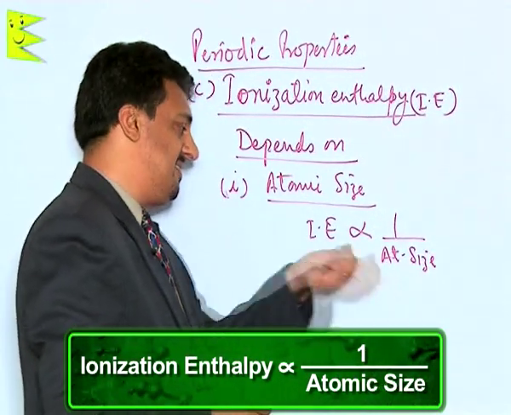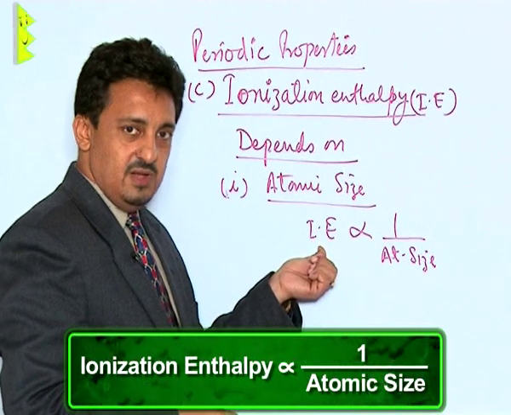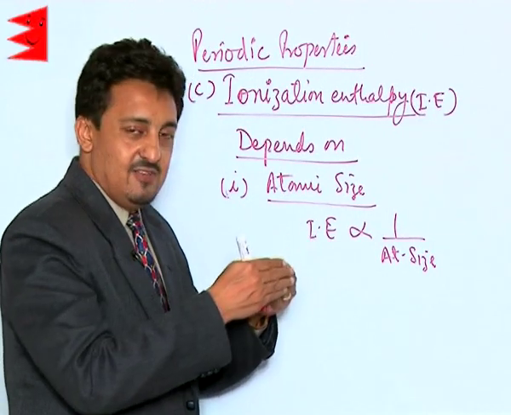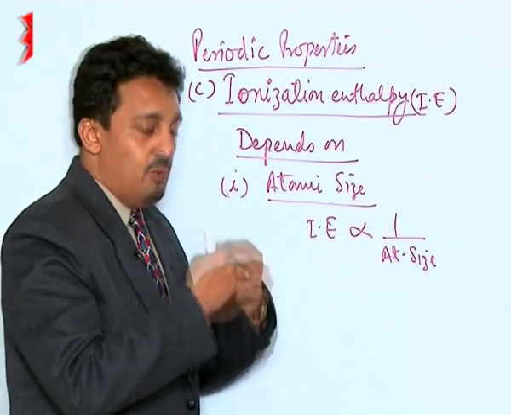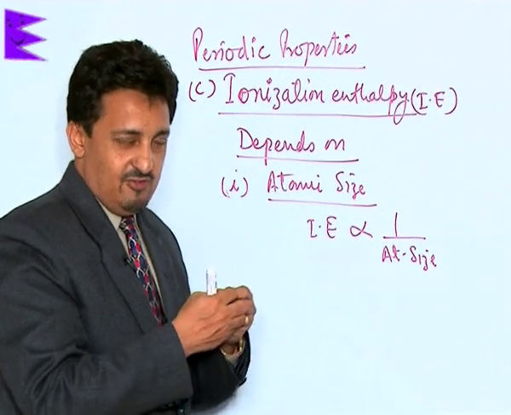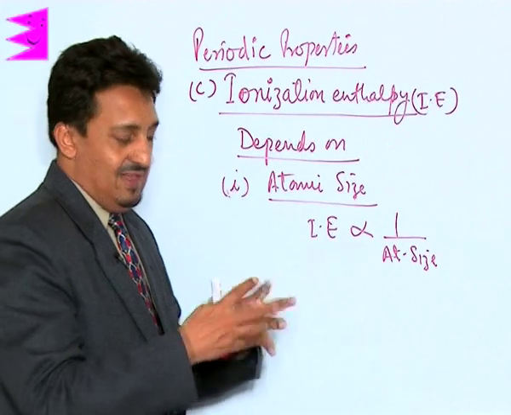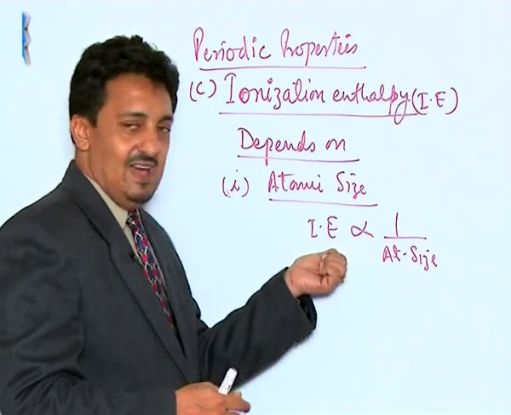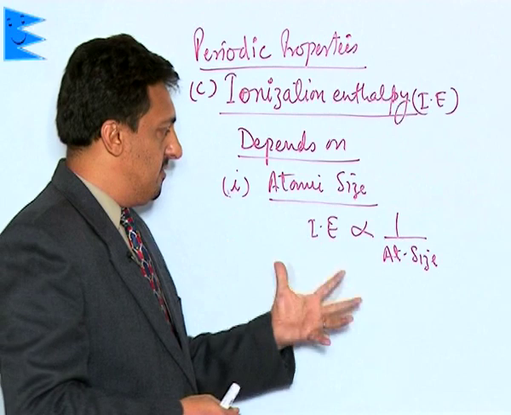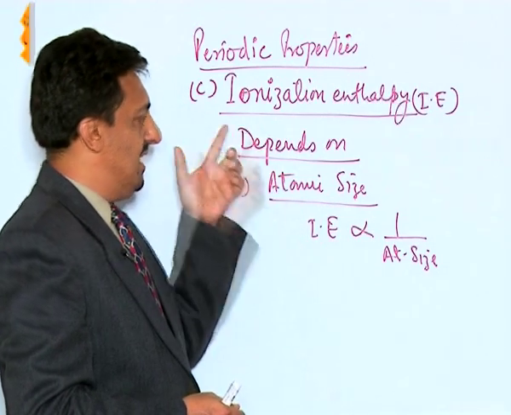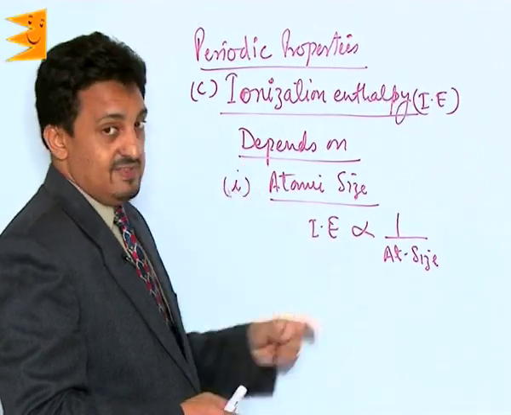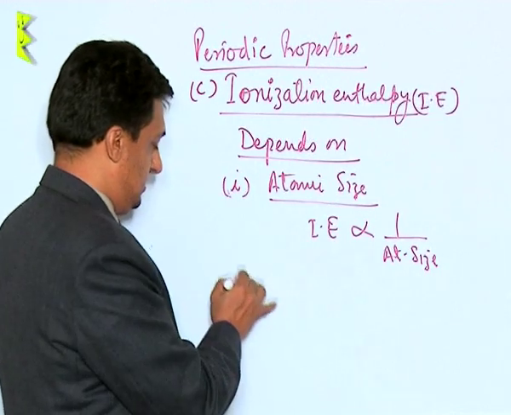The smaller the atomic size, the larger the amount of energy required, because the electrons are closer to the nucleus, so the Coulombic force of attraction between them is stronger, and more energy is required to knock out the electron. Similarly, when the size is larger, less ionization energy is required. So ionization enthalpy is inversely proportional to the atomic size.